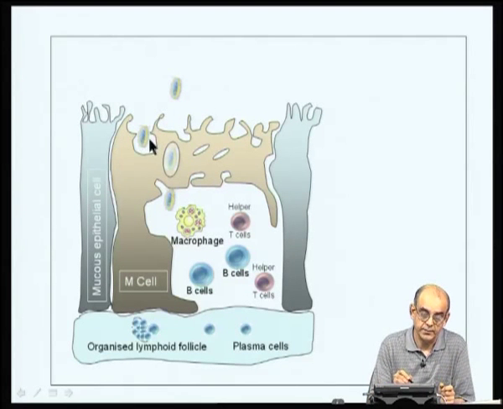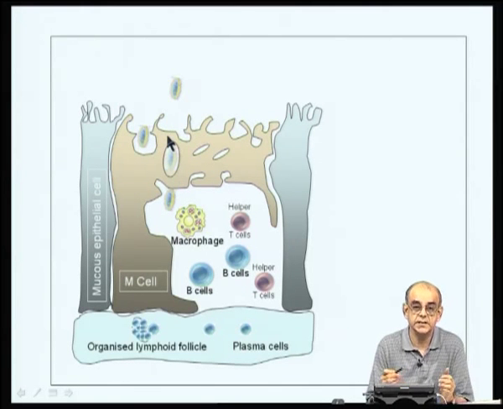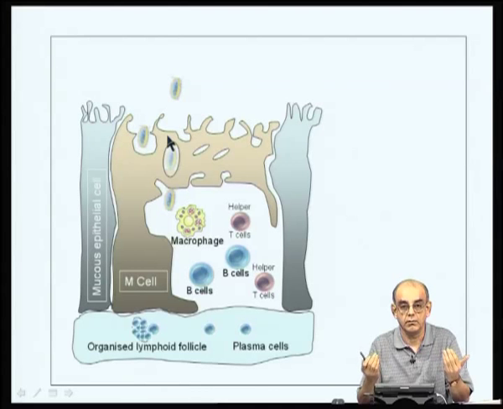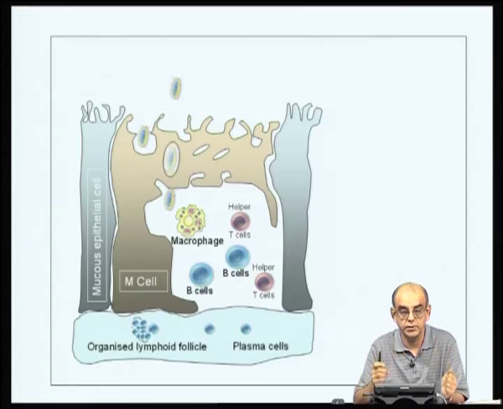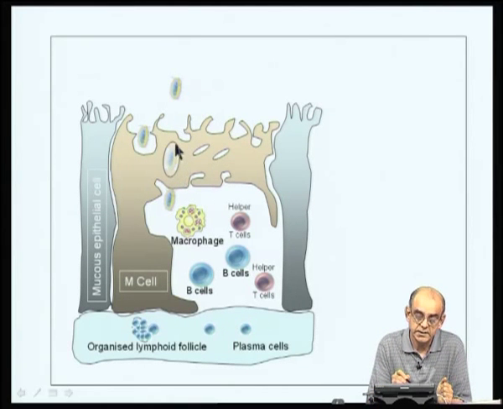Once it is taken up, the antigen is internalized into vesicular structures, a process similar to endocytosis, and this antigen is actually released into a pocket that exists within the M cell.